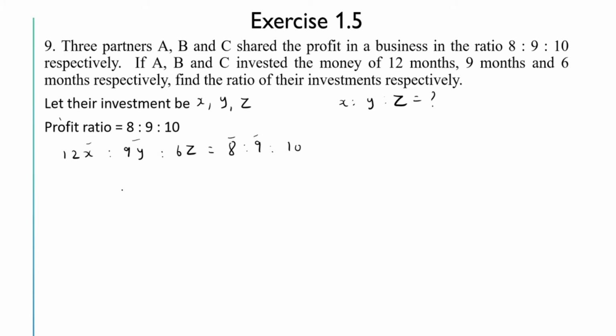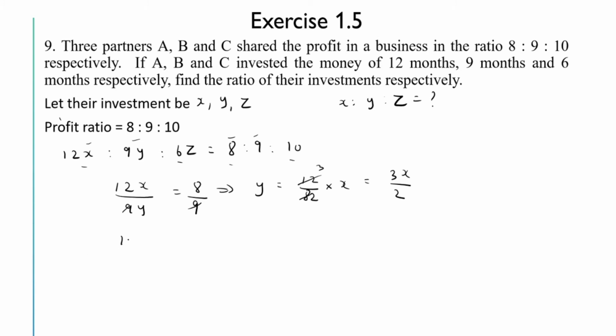First we will take this relation separately. So we get 12x by 9y is equal to 8 by 9. From here we have y is equal to 12 by 8 into x. So y is equal to 3x by 2. Now we will take 12x is to 6z is equal to 8:10.